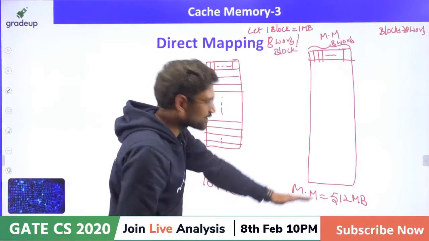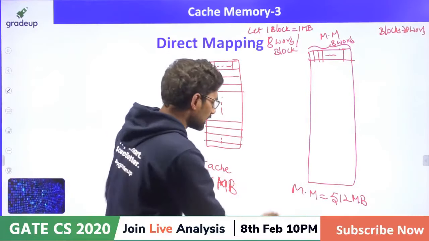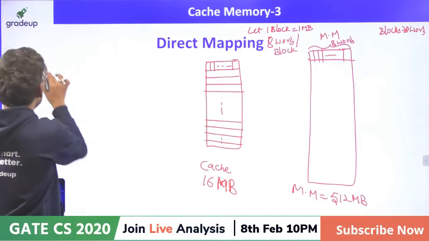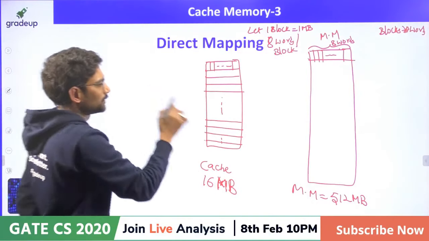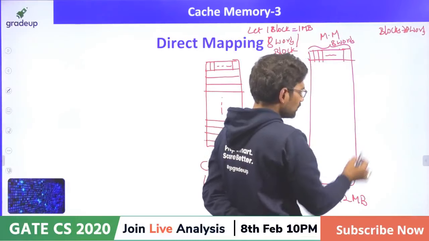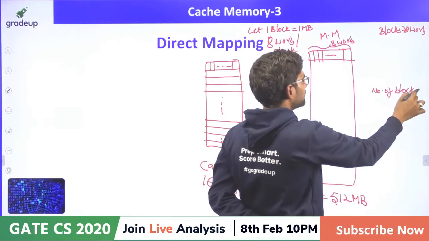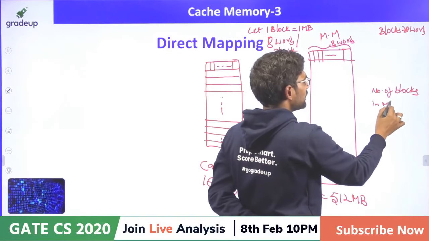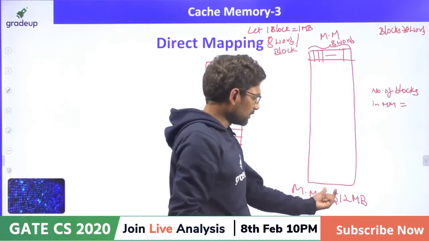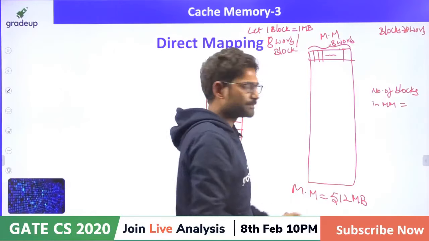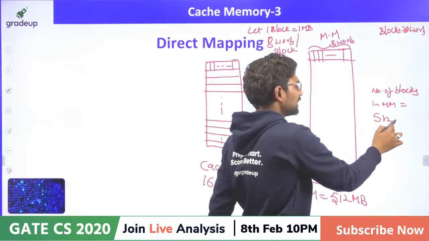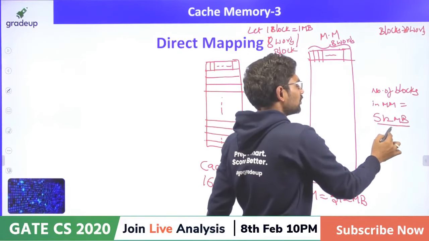And how many blocks will be there in main memory? Number of blocks in main memory is equal to main memory size by block size, isn't it? So which is 512 MB divided by 1 MB.